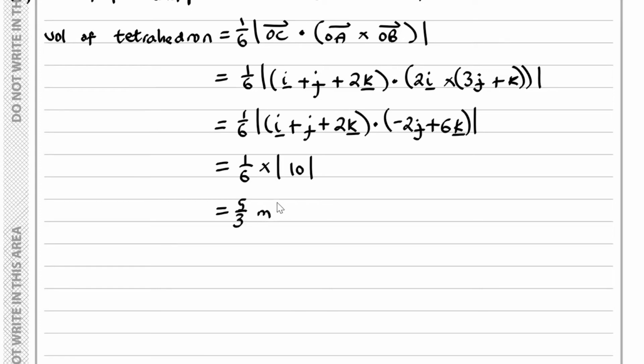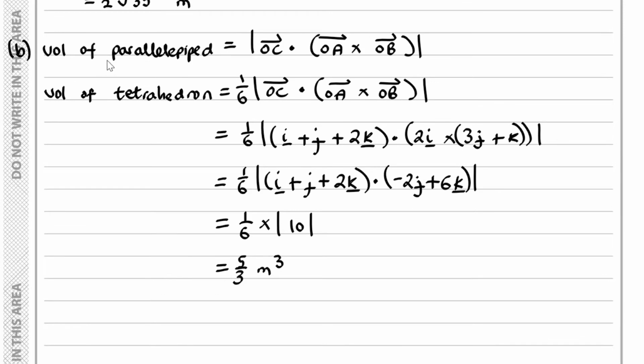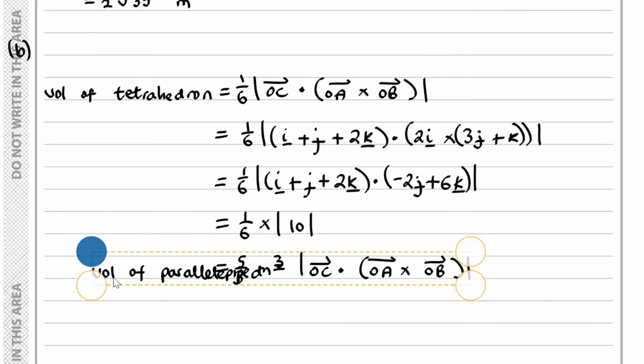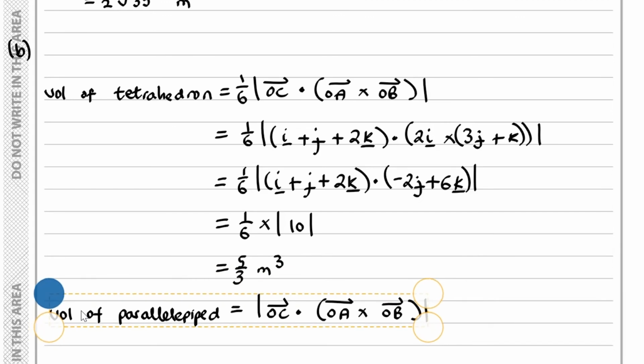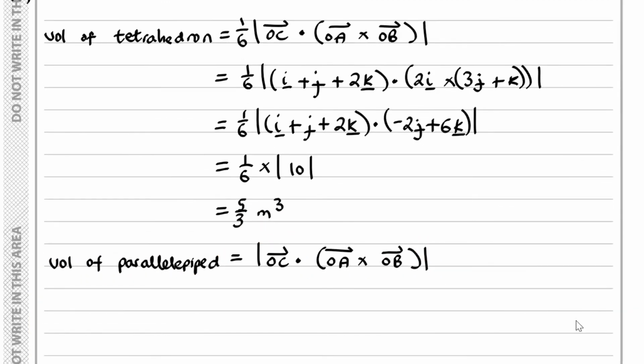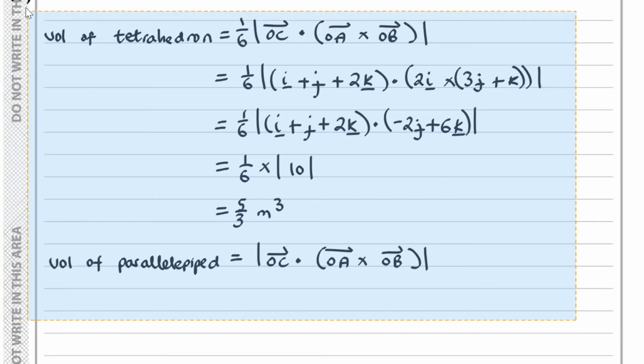So the result of this is 5/3 meters cubed. Let's just swap those around, so we can now work out this bit over here.